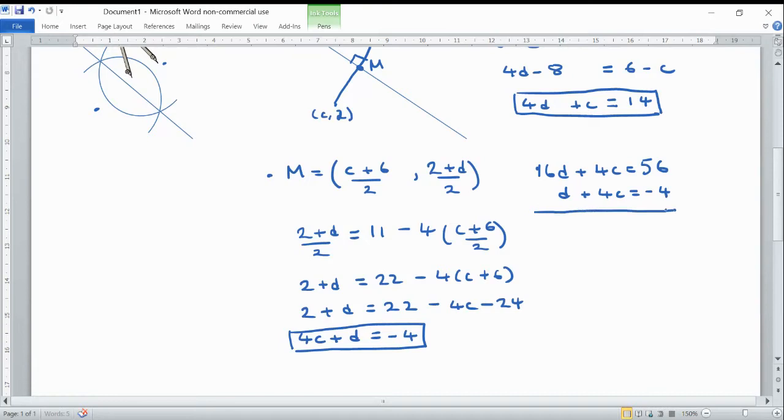And then if we subtract them, top equation take away bottom equation, 16d take away 1d is 15d. 4c take away 4c is no c. 56 take away negative 4 is 60. So d must be 60 divided by 15. And if I plug that back into one of my equations, I should be able to work out what c is. So let's plug it back into this equation. So 4c plus d, which is the number 4, equals negative 4. So 4c is negative 8. So c is negative 2.